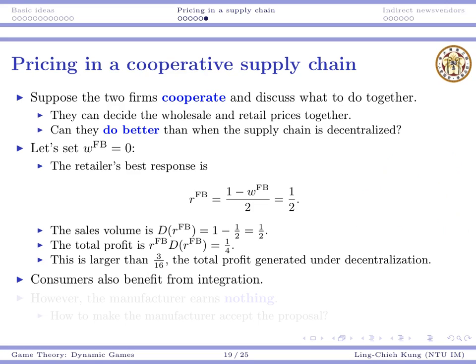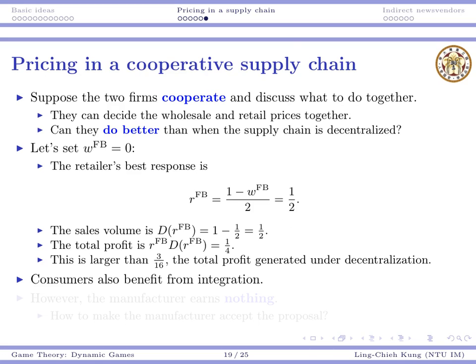So in this case, what's more interesting is about consumers. We can show you that consumers also benefit from integration. Think about this proposal again. This is the retail price, it's 1/2. In the previous case, when we have decentralization, the retail price was 3 over 4.